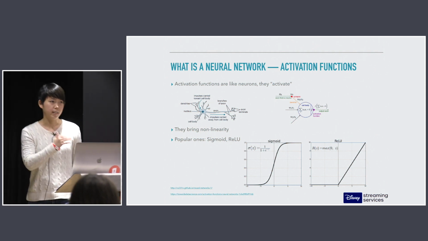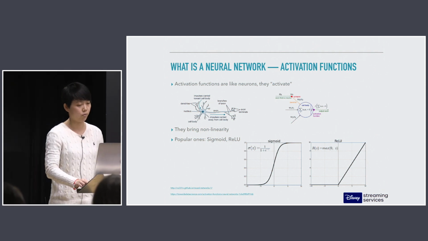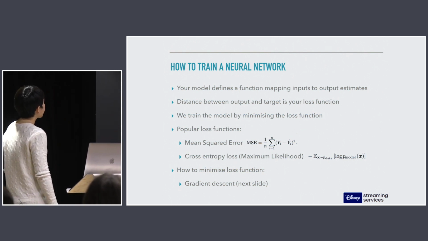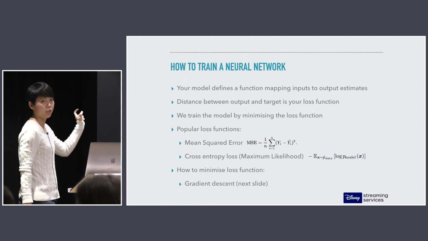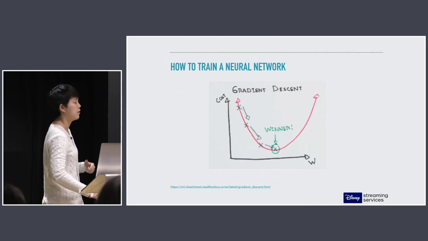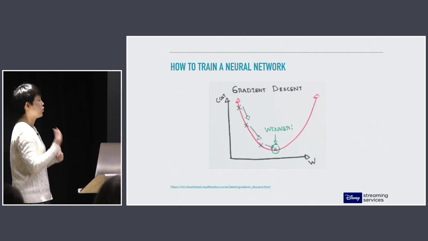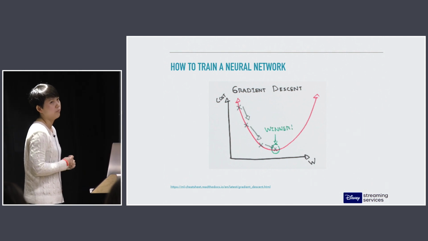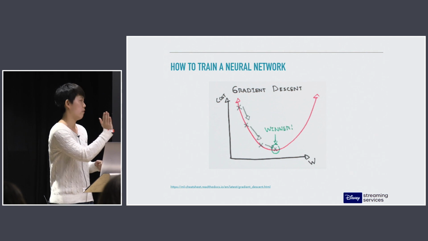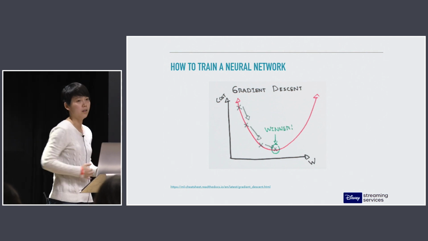So these two cancel each other, and math-wise it works out. Once you have a loss measure, how do you minimize it? That's very straightforward: gradient descent. You calculate a differential function on the surface or on the curve, and then you descend along the line.